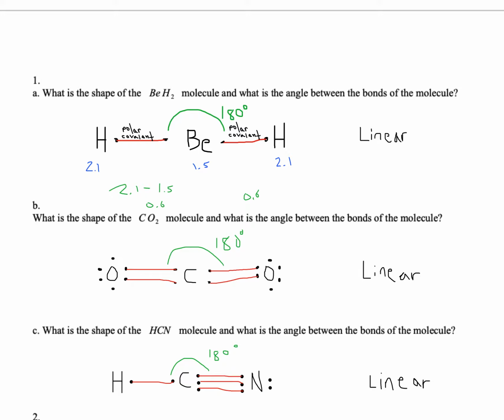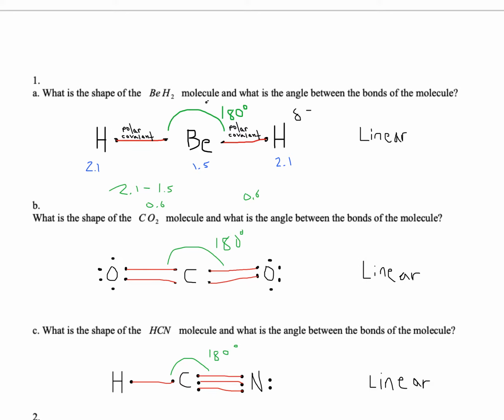So the atom which has the higher electronegativity attracts electrons more strongly than the one with the lower electronegativity. So what this means is that hydrogen is going to be the element that the electron tends to hang out near more. So with that in mind, we'll put a delta negative on hydrogen.